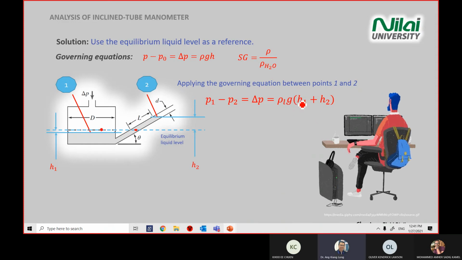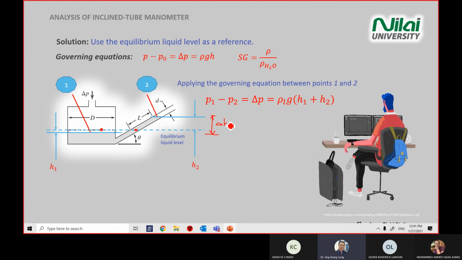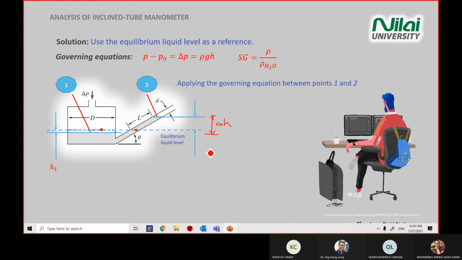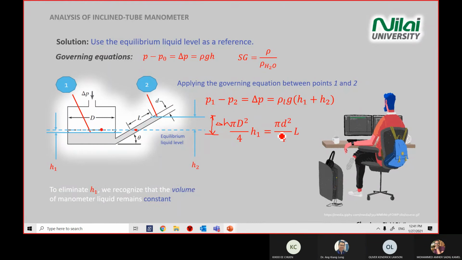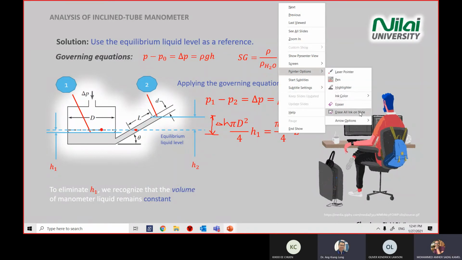The total height that we are focusing on is H1 plus H2. This is the total height delta H of the liquid. Understand? Yes, sir. Okay, good. Then a side calculation.